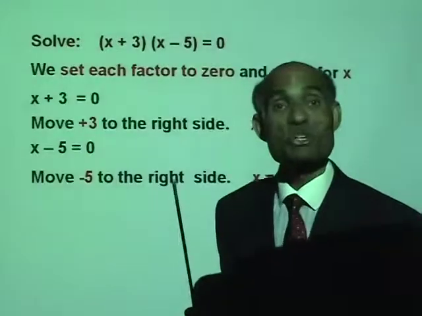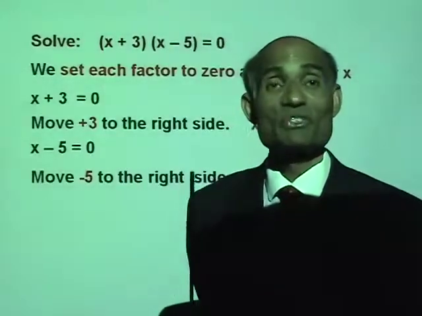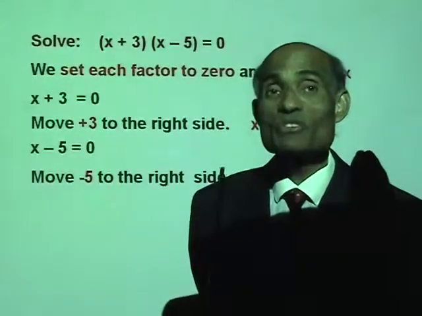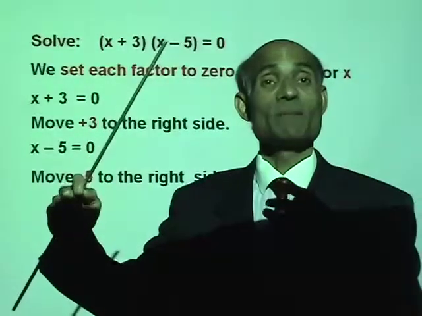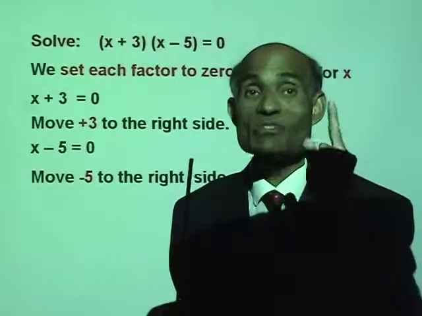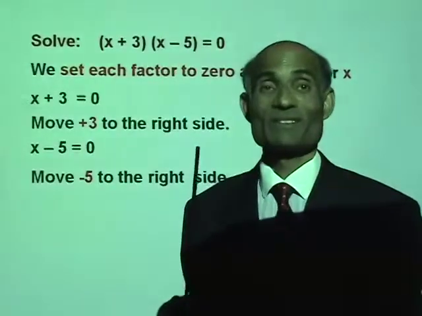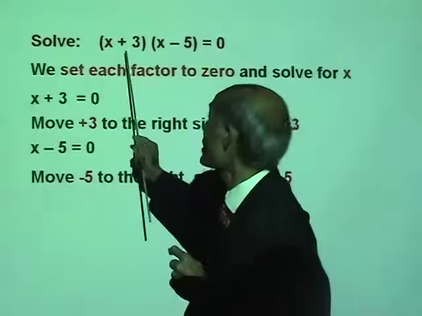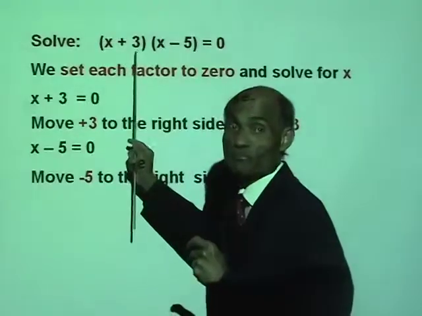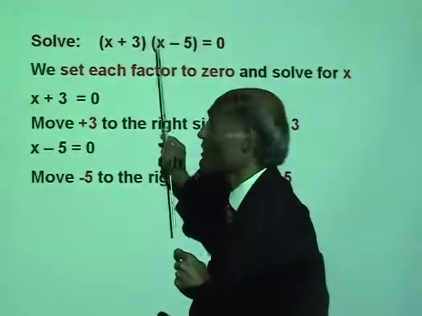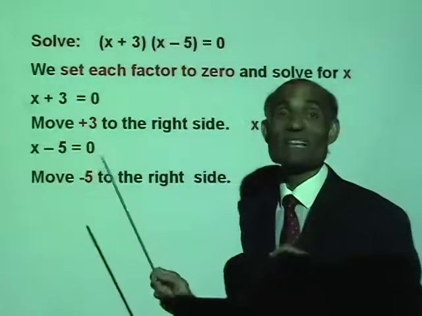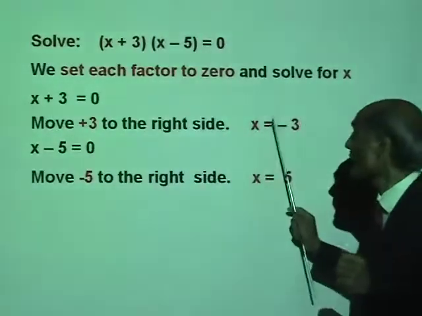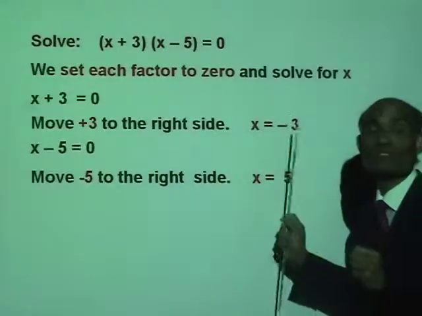Now, this is the difference between solving linear equations and solving equations of higher degree. A linear equation has only one solution, whereas an equation like this, if you multiply it out, is a second degree equation. A second degree equation has two solutions.